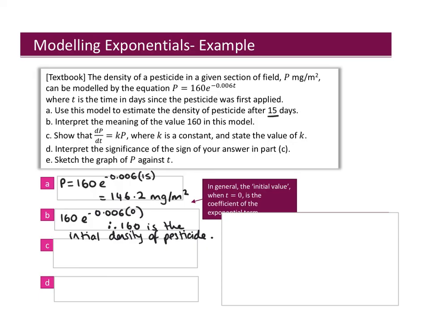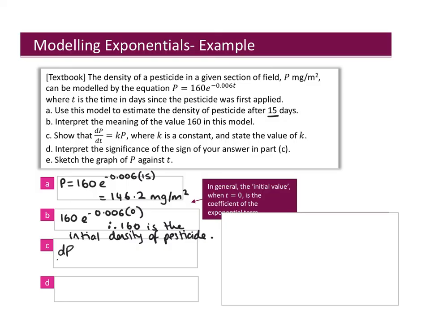Then, part C: show that the rate of change of the density over time, dP/dt, equals kP, where k is a constant, and state the value of k.